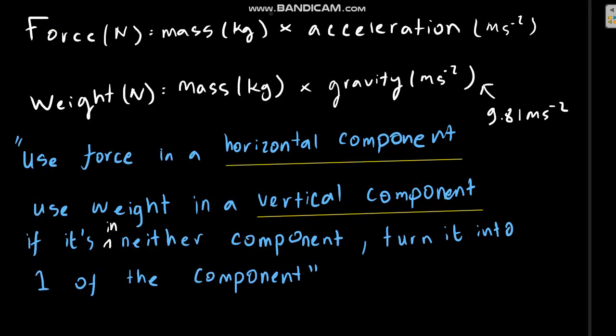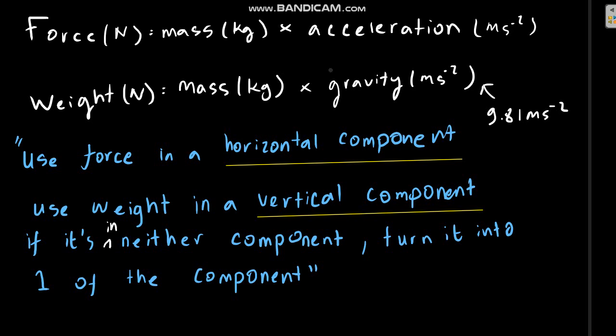There's something I want to explain that is not in the book, but it's something you should know. You are already familiar with the equation F equals ma, which is force equals mass times acceleration, and weight equals mass times gravity. During GCSE, fewer people realize that these two equations are not the same.